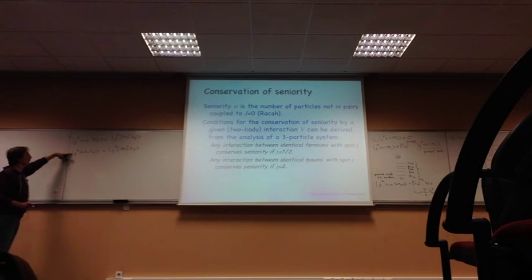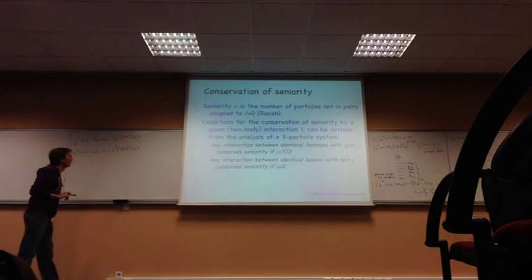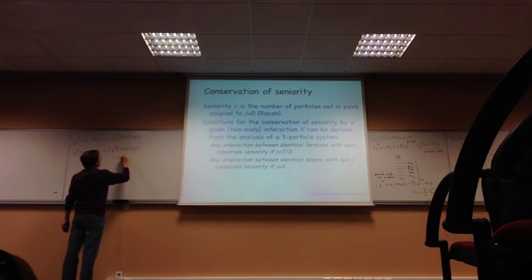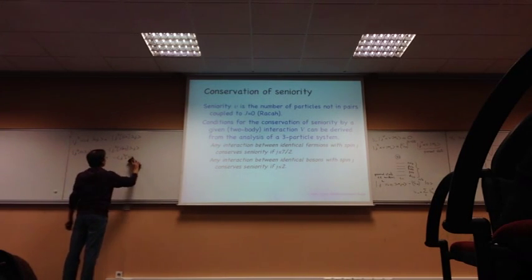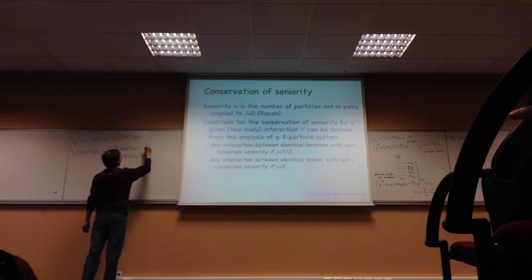Unfortunately, this is wrong, because these 2 states, as we saw in exercises, are not orthogonal. So you have to orthogonalize them. How do you do that? So j prime here is different from 0.